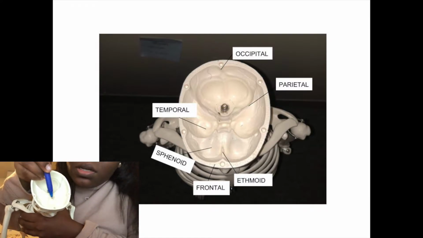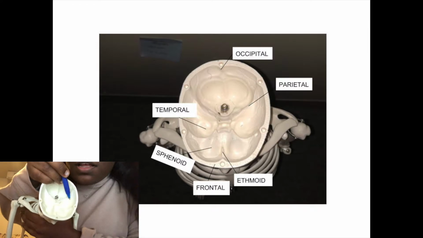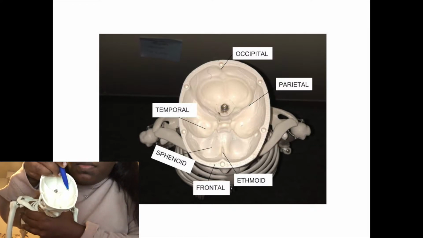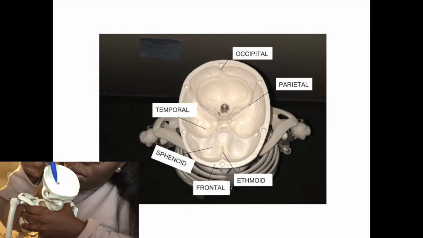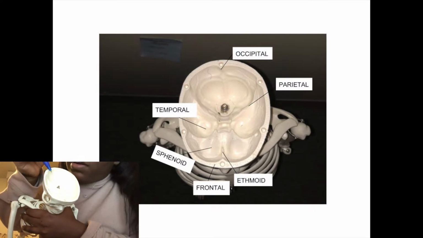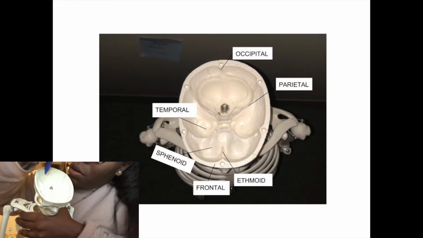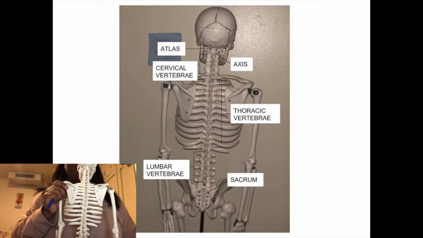The sphenoid is right here. The temporal is right back here, in this area. The temporal. Parietal. Back here. The occipital. Right there. We're going to move on to the vertebral column.